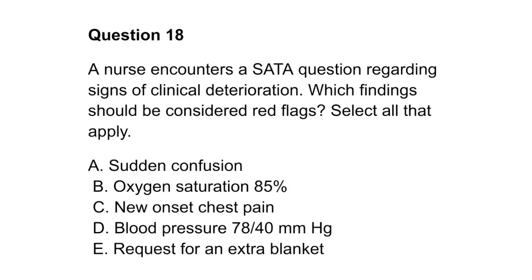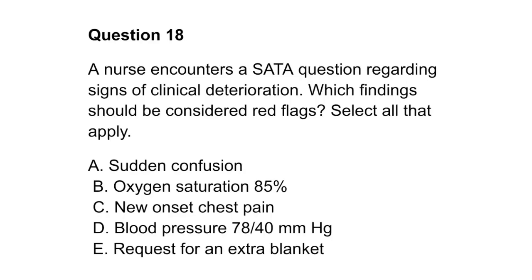Question 18. A nurse encounters a SATA question regarding signs of clinical deterioration. Which findings should be considered red flags? Select all that apply. A. Sudden confusion. B. Oxygen saturation 85%. C. New onset chest pain. D. Blood pressure 78/40 millimeters of mercury.